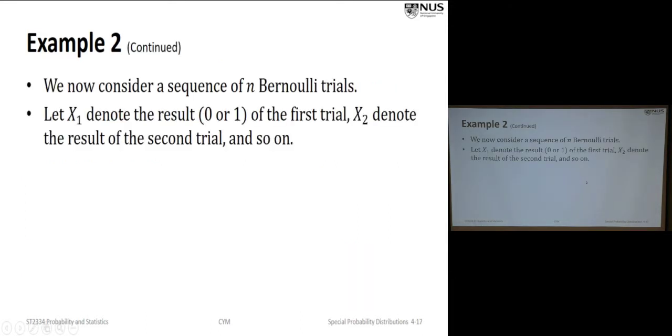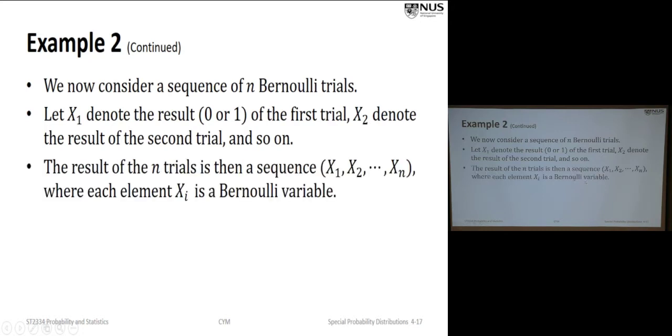All right, so now let's consider we have n trials. So these are the outcomes. X1 is a random variable representing the outcome of the first draw. So X1 can be 1 or 0, depending on whether it is a blue ball or a red ball. All right?